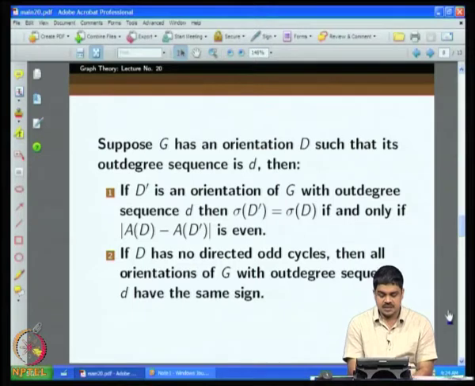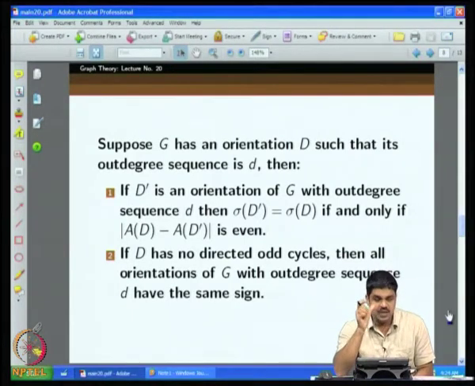we can say that the signs are going to be the same, because the edges in the intersection, belonging to both the orientations, will anyway contribute similarly. The other edges contribute differently: if the contribution to D is plus, the contribution to D dash will be minus.